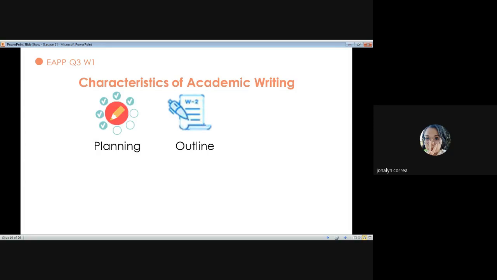It will help you determine the pertinent information to be included in your paper. So you plan of what contents you are to write, and then those contents should be organized in a specific outline.